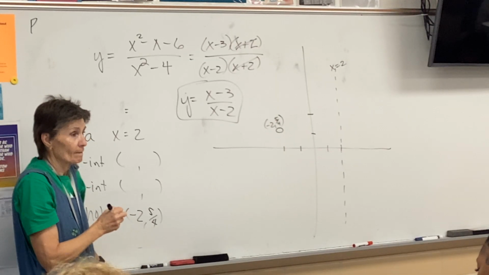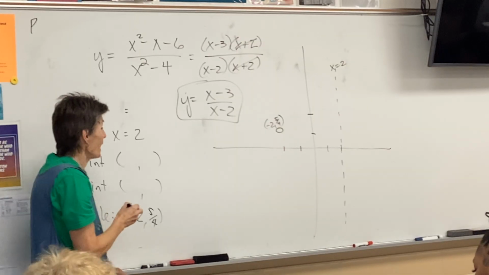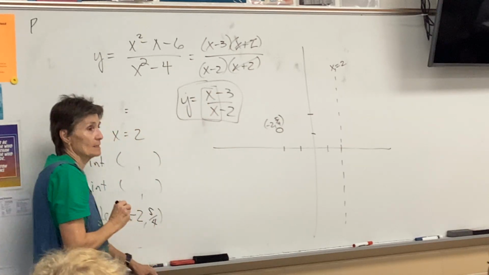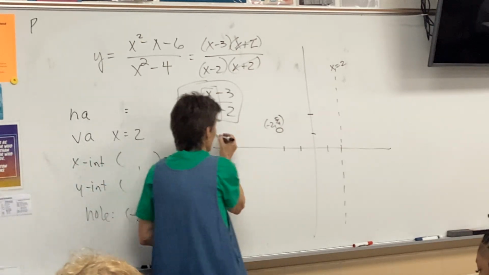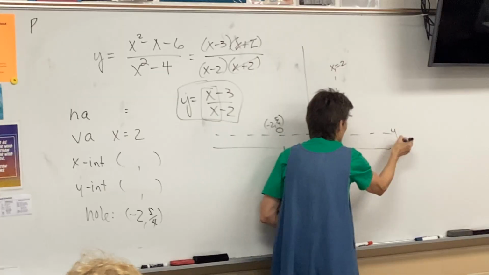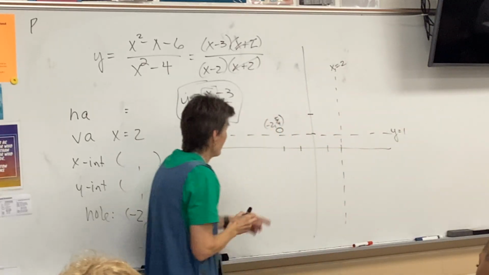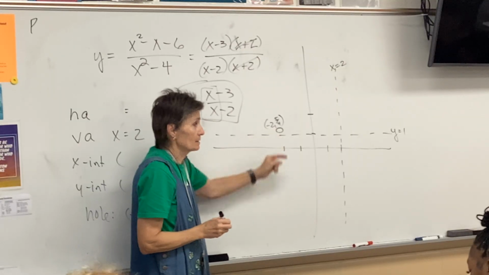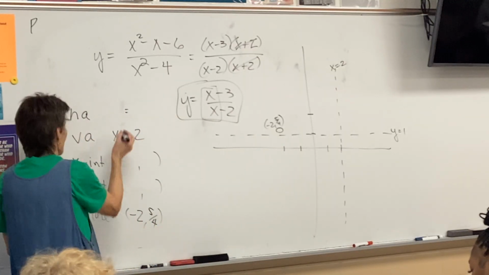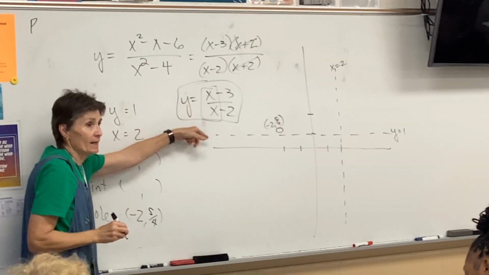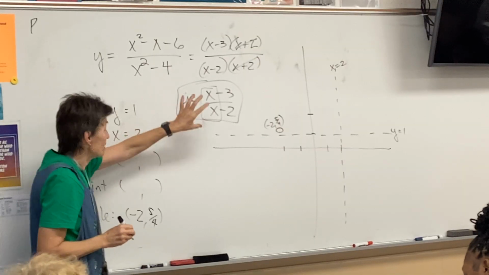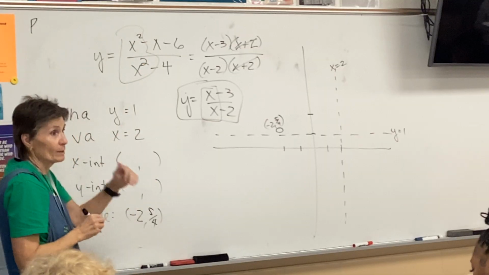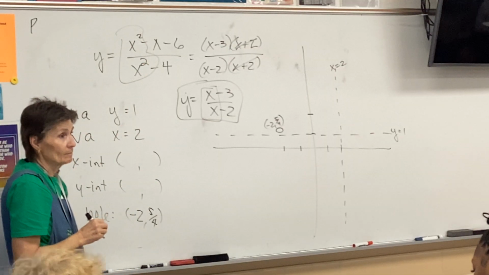And then we have a horizontal asymptote at y equals 1. Remember, that was 1.25, so we're underneath that. And we got that by boxing in our x's either here or back at the beginning. It doesn't matter. Either way, you're going to get 1.